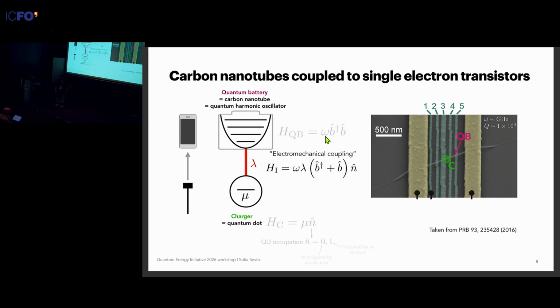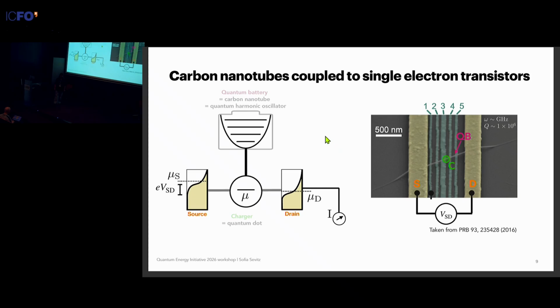Maybe a quick question. Is it hard to estimate the variance of the charging? No. Experimentally, I'm not sure, but theoretically, no, because you have the state. Experimentally, you can derive the state as well, if they do quantum state tomography.